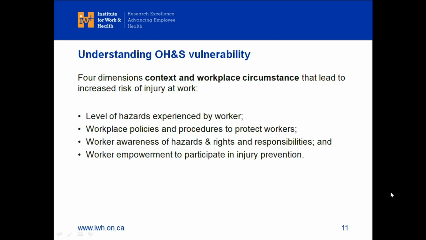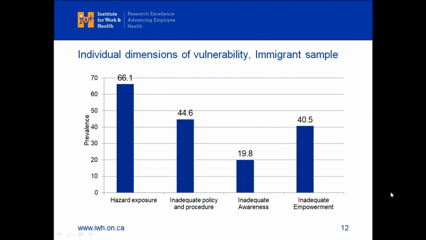So now I'll share a little bit about what we learned about their occupational health and safety vulnerability. But just to remind you, we were looking at 4 different dimensions of vulnerability: workplace hazard exposure, the policies and procedures in place to protect workers, their awareness of their rights and responsibilities, and their empowerment to prevent injury in their workplace.